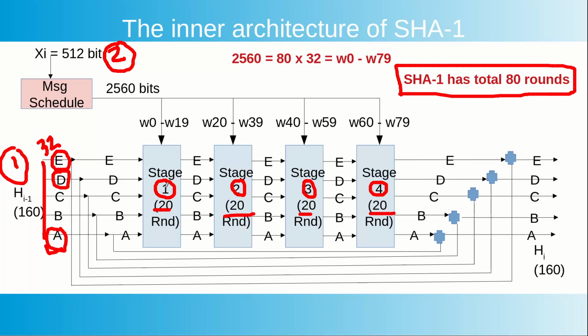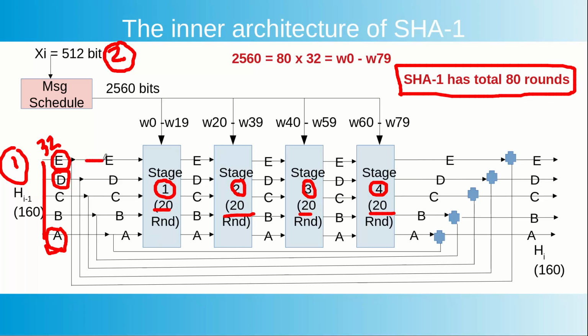In this stage 1 all the 20 rounds are doing exactly the same thing. In stage 2 all the 20 different rounds are exactly doing the same thing. In that way it works. Whenever I go further into the detail of these stages, the thing will be clear.